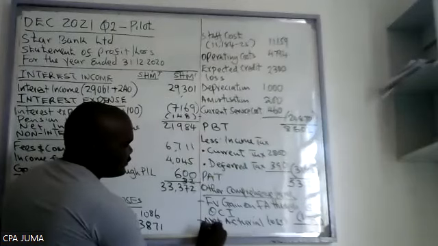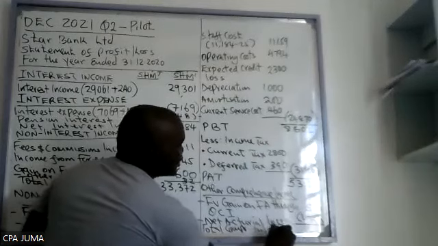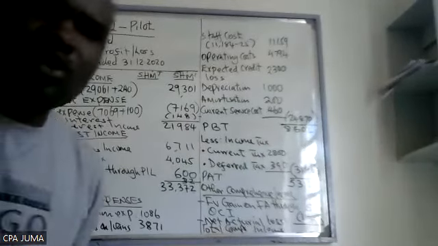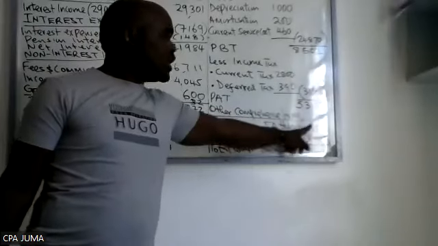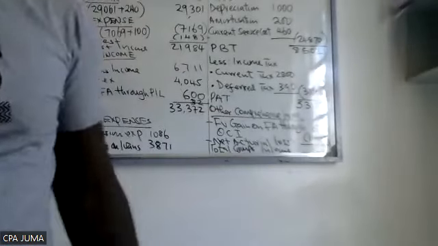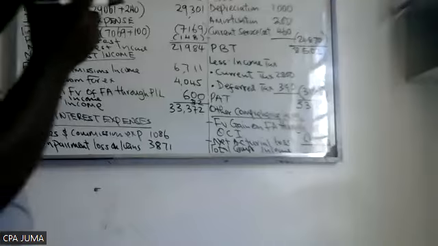Total comprehensive income is how much? You take 5,312 plus 510 minus 140. What do you get? You get 5,682.